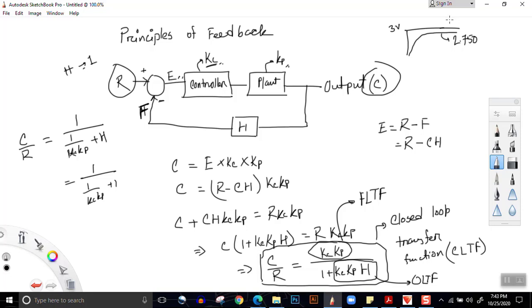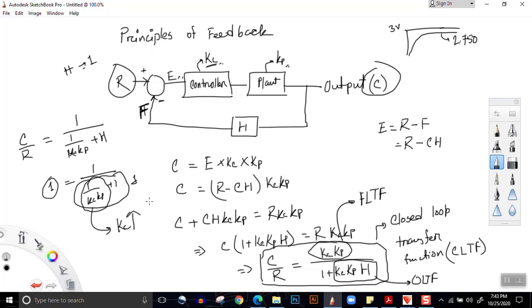If the inputs and outputs are equal, then C by R is equal to 1. In order to make C by R equal to 1 or very close to 1, we can keep this value very close to 1, then 1 by 1 will be equal to 1. Since we have 1 added here, we want to keep this value as small as possible, and the way of decreasing this value is increasing Kc.